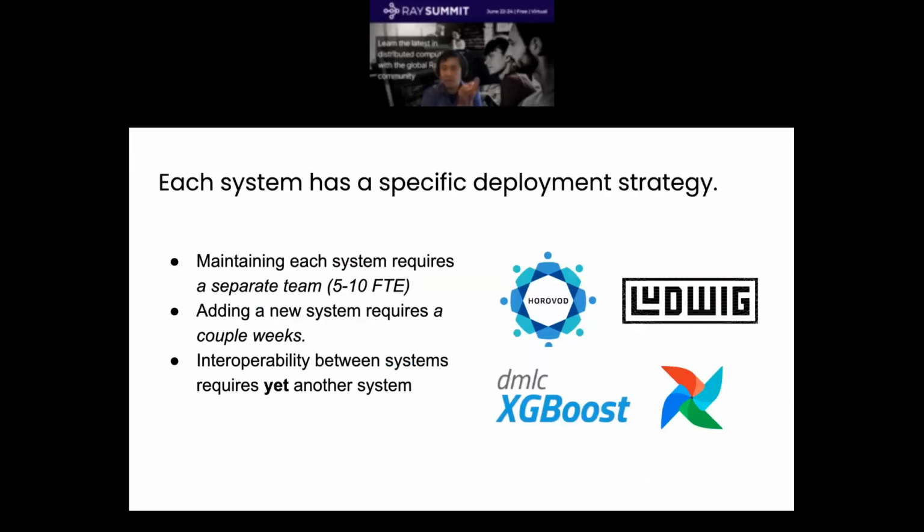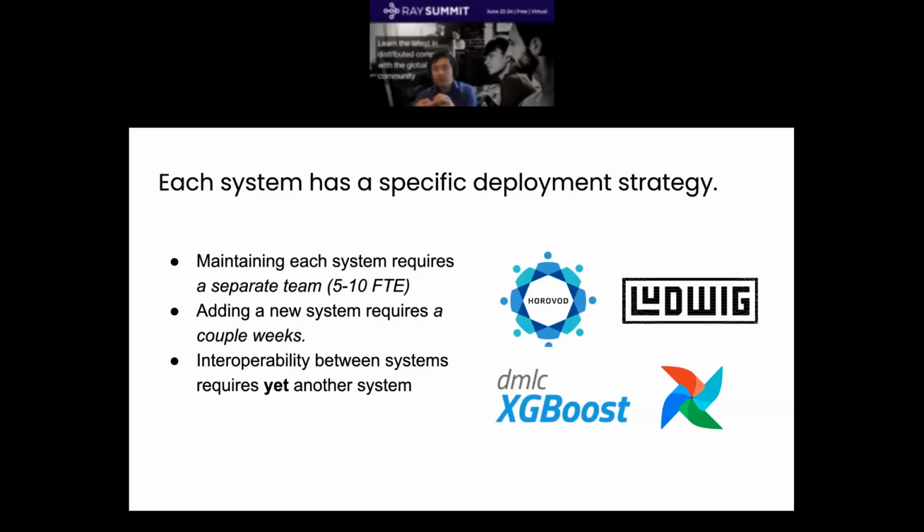So here's a summary of the drawbacks of doing machine learning in separate steps. First, each system requires a separate team. It's very expensive to maintain because there's a separate team familiar with the Spark environment, another separate team familiar with the deep learning environment, including GPUs, and another team familiar with online serving.